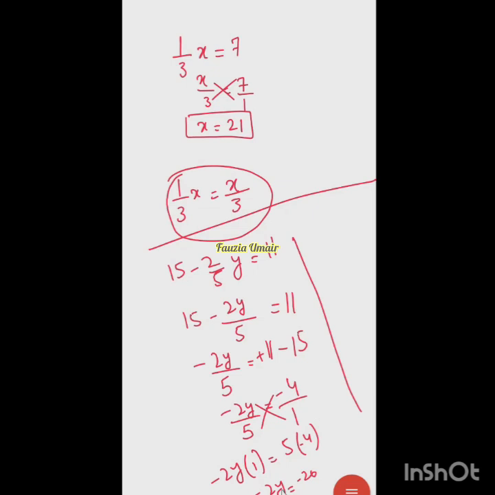So now we will divide. What is the coefficient of y? Minus 2. So you will divide both sides with minus 2. This is minus 2y and this is minus 20 by minus 2. So here this will be cancelled. So y is equal to minus 20 divided by minus 2. So minus divided by minus is a plus. 20 divided by 2 is 10.